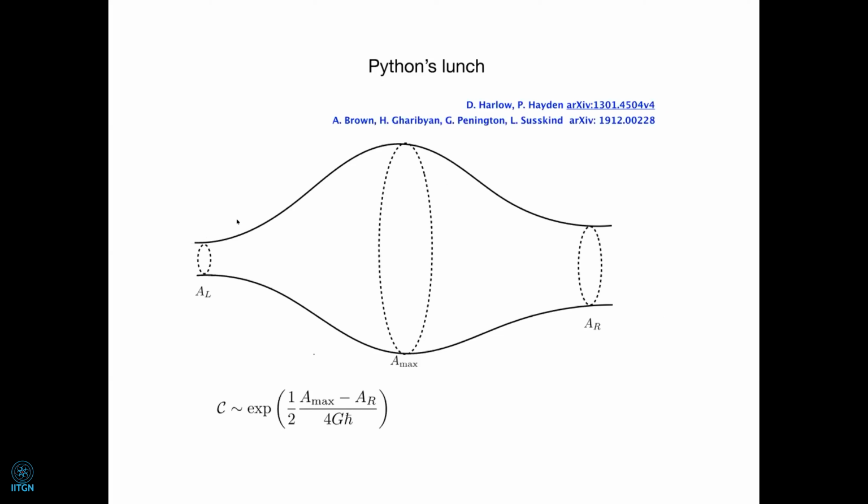Let's say when you have a geometry like this, the RT surface is located here. From entanglement wedge reconstruction, we know that we can basically reconstruct the geometry in this part. However, because of this particular shape, the complexity is no longer just given by the volume of this wormhole geometry. Instead, there is an extra enhancement here. This is the story about the Python's lunch.